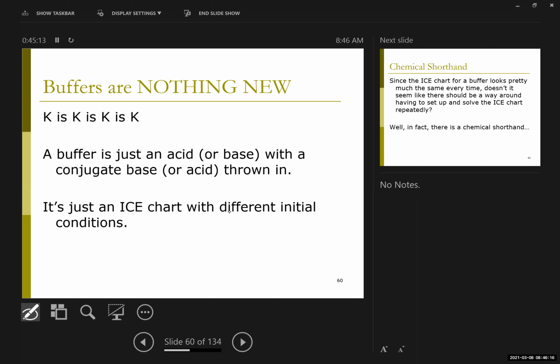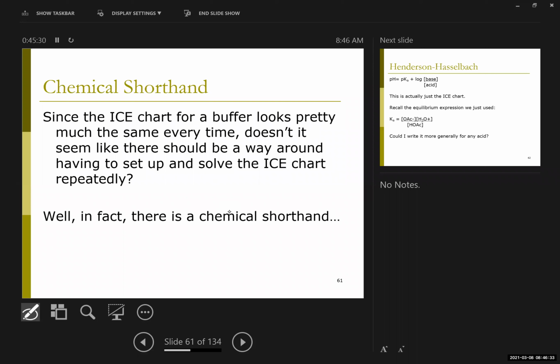It's just a Ka in our most recent example where I happen to have some of the product at the very beginning. And so in some sense, it is a special case, but because of the special case, there is a shorthand way to solve it.